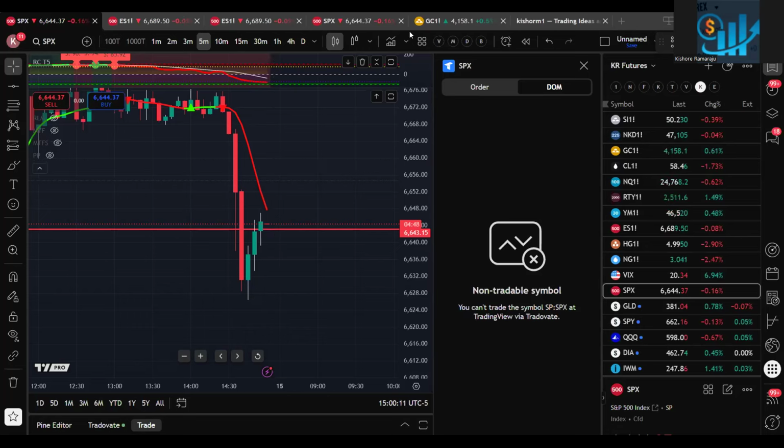Your SPY, QQQ, SPX iron condor, SPX iron flies, everything made nearly 100%.